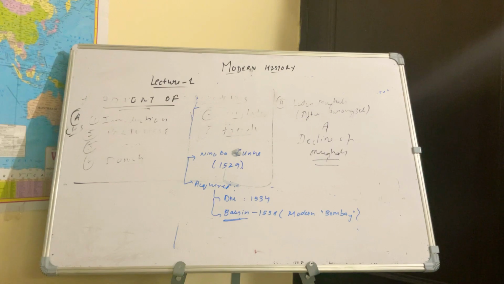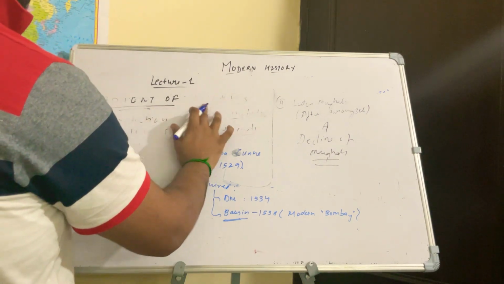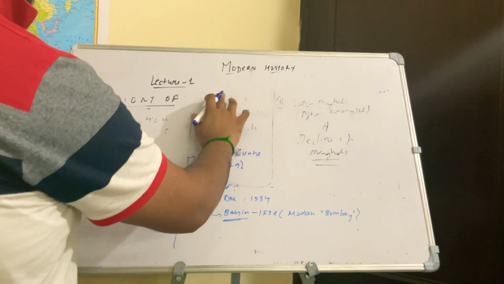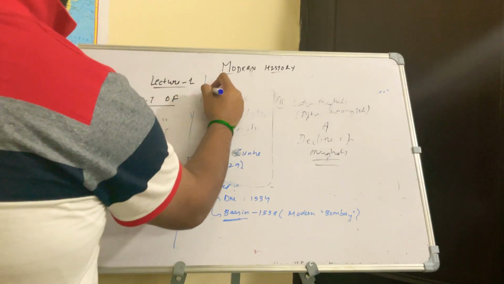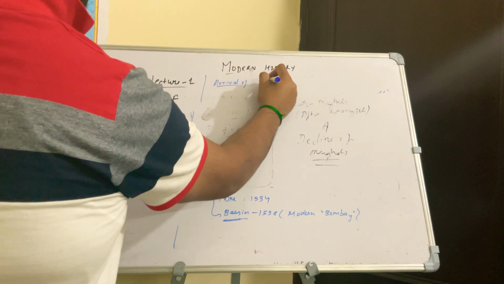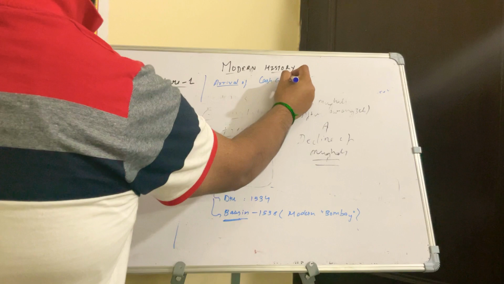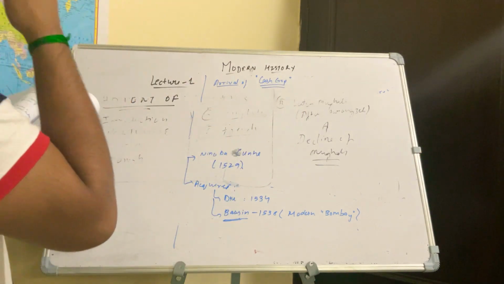After this, the last point under Portuguese: one of the most important impacts on Indian society due to the arrival of Portuguese was the arrival of cash crops. The very first positive sign in terms of agriculture was the arrival of cash crops. I'll not be going into the definition of cash crops, I guess you all know.